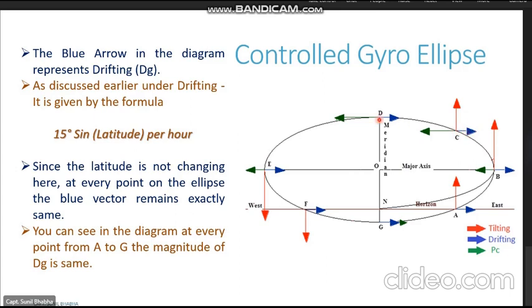You go to point Delta, drifting arrow same, Echo, Foxtrot, Golf. At all the points on our ellipse, whether the spin axis is east of the meridian or west of the meridian, whether the spin axis is above the horizon or below the horizon, the value of the drifting vector, magnitude as well as direction, does not change, and it fully matches with the formula.